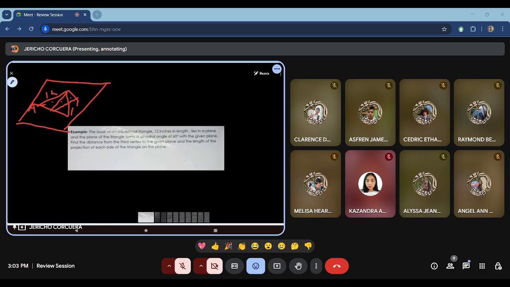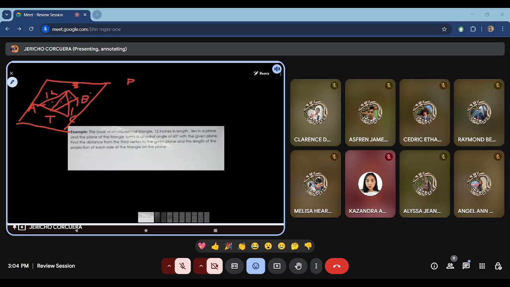Let's label A, B, and C, and this one has T. Since this is an equilateral triangle, they are all 12 inches, and AT and TC are 6 inches. Let's label this one as B prime.